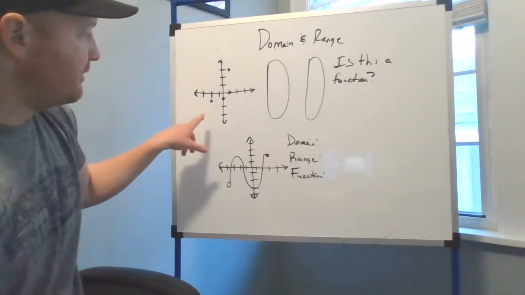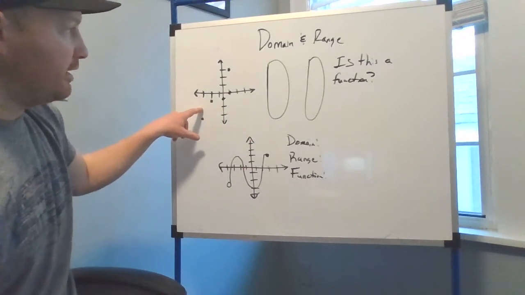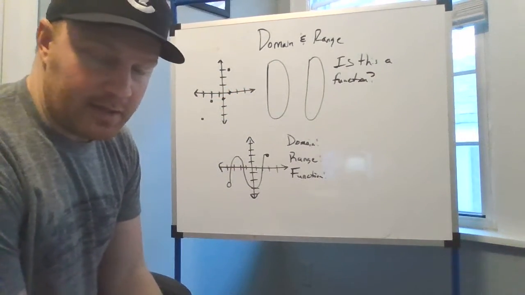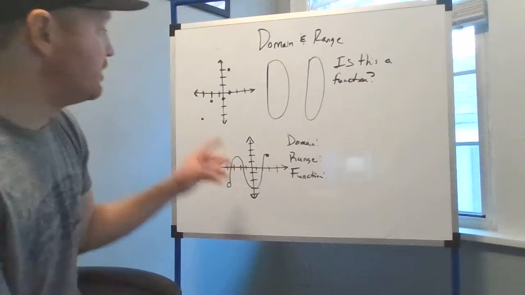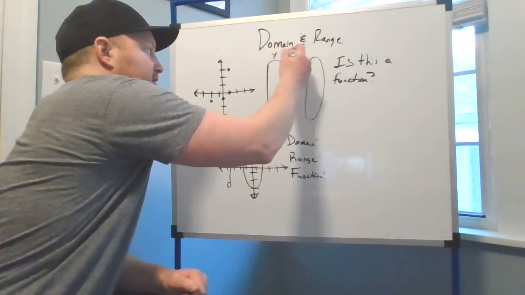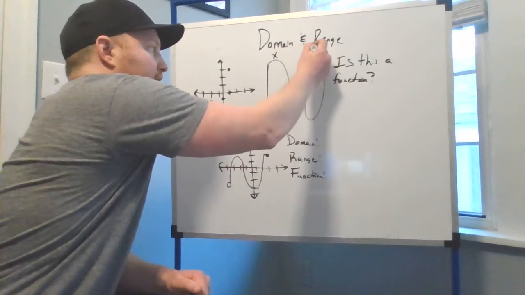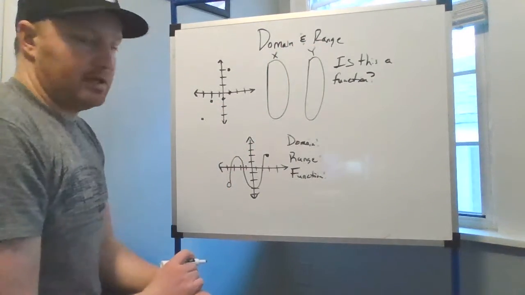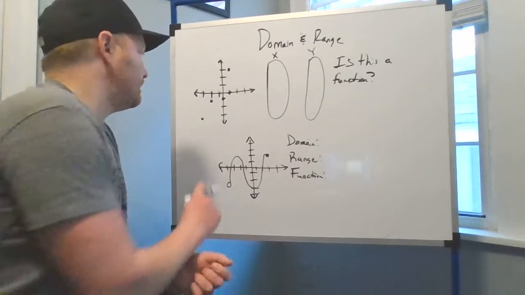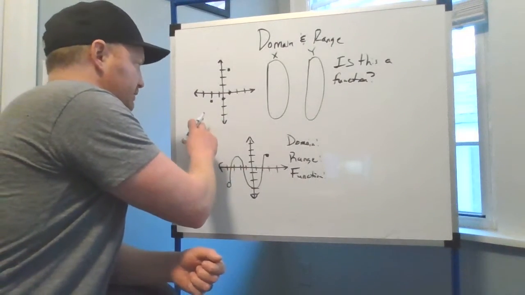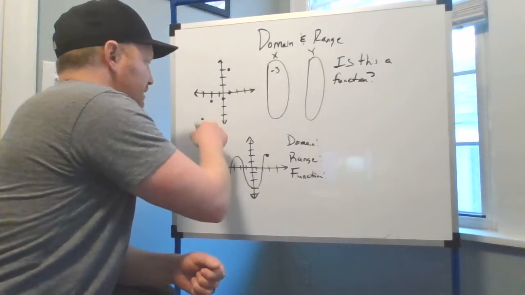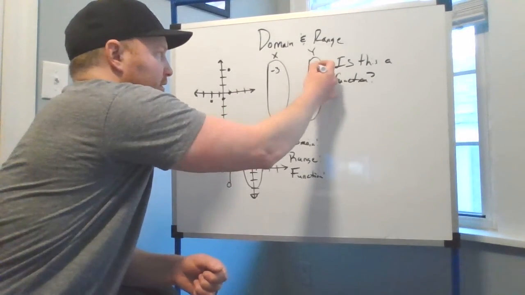So first things first, I got this graph right here, and I got these oval shaped things because the work today is asking you to do that. So pretty much just think of this as your X, think of this as your Y, and what is it? Just identify ordered pairs. Okay, so I got this as -3, and this is also -3.